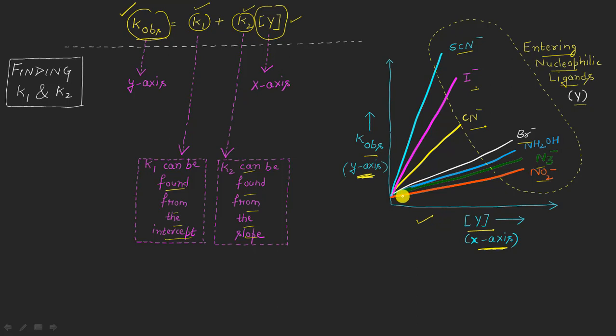So when this reaction goes on with some particular entering nucleophilic ligand, we will have this type of graph, such that from the values of K observed as well as the concentration of Y, we can always calculate K1 and K2 from the intercept and the slope.